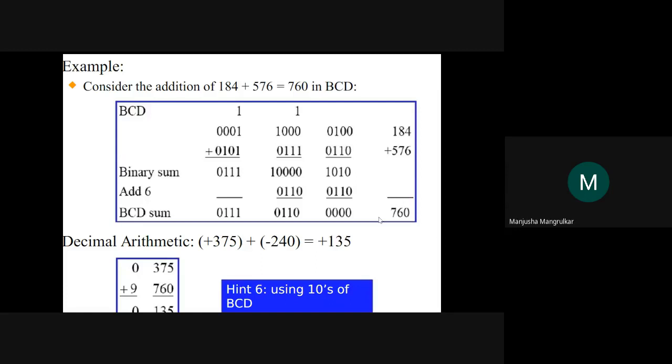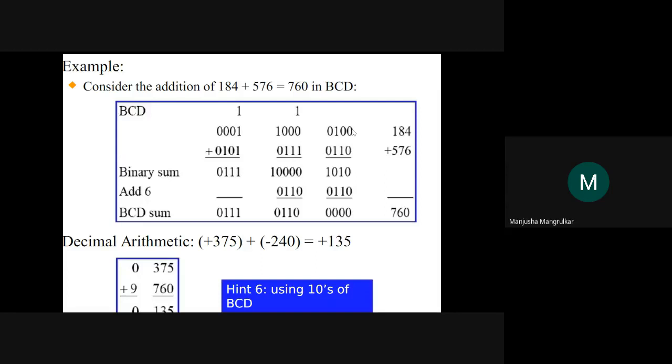As we see, your 184 is 0001, this is 1, 1000 is 8, 0100 is 4, right? You are adding 576. This is your 5, this is 7 and this is 6.